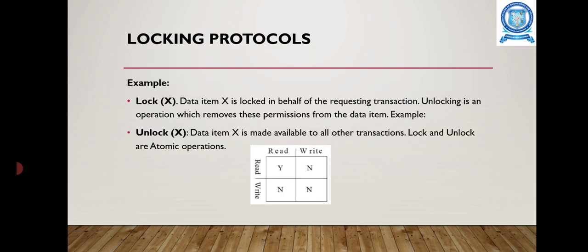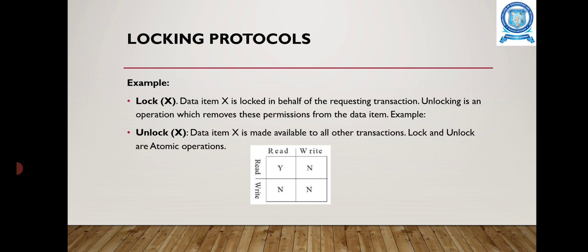For example, lock of X means data item X is locked on behalf of the requesting transaction. Unlocking is an operation which removes these permissions from the data item. Next, unlock of X. Unlock means data item X is made available to all other transactions.